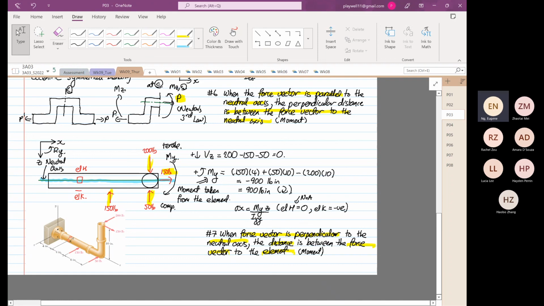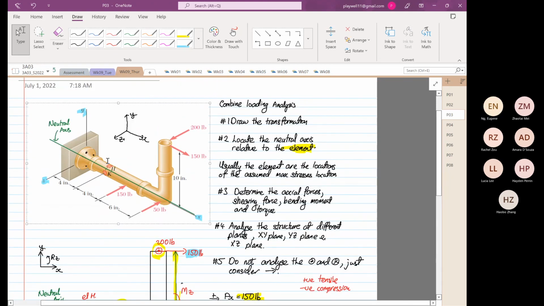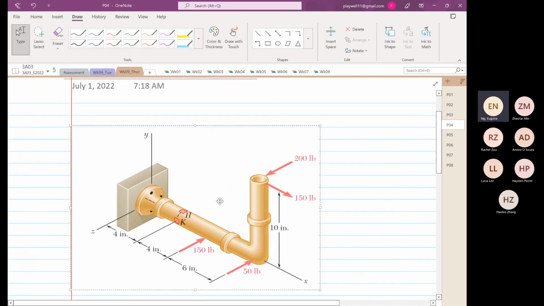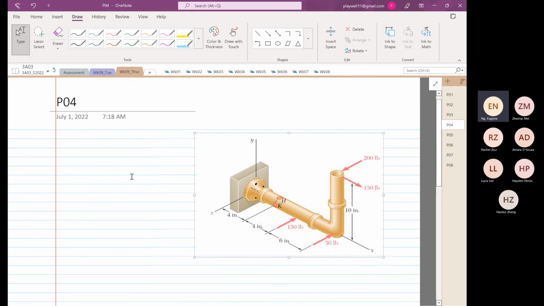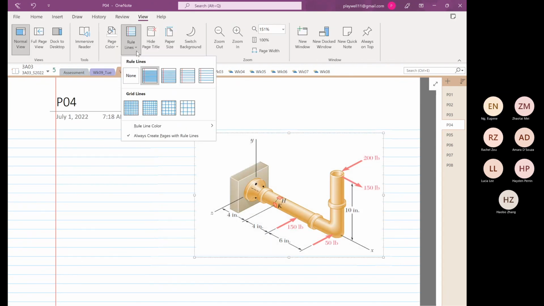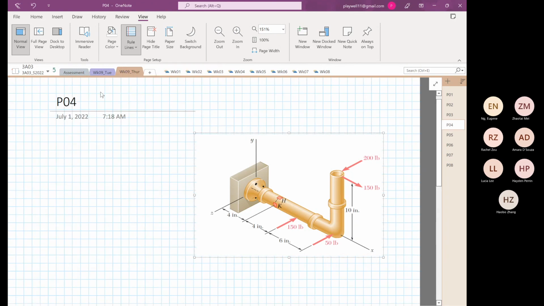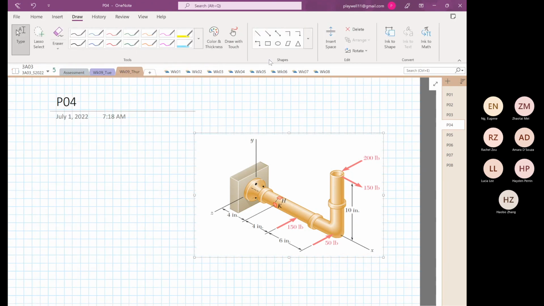Then we have to look at another view. We have to look at the so-called YZ plane. So now we are going to look at the, let me copy this image. Then we are going to look at the YZ plane. So now I'm sketching the YZ plane.